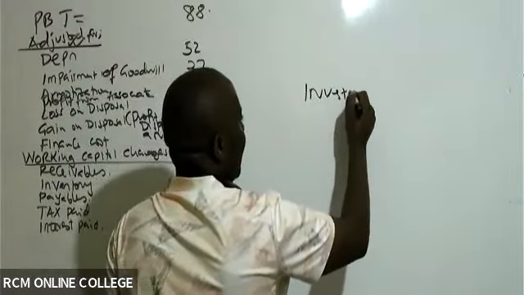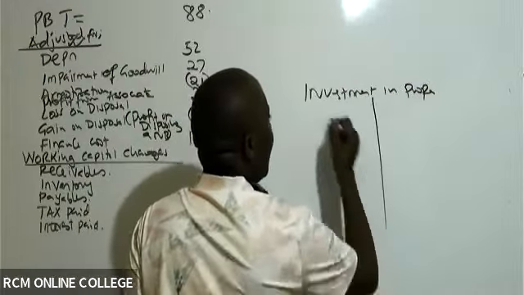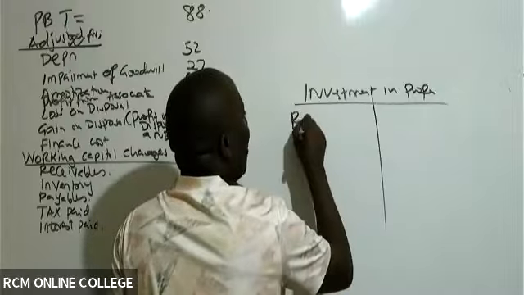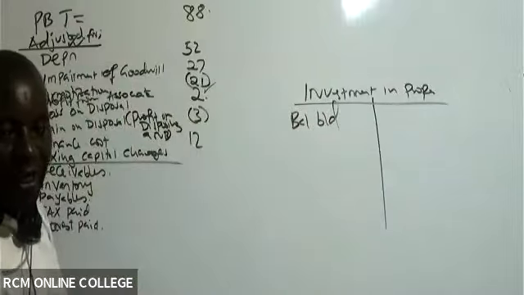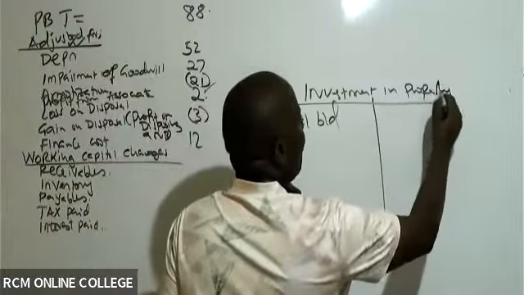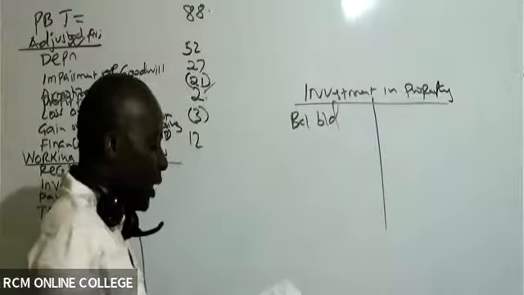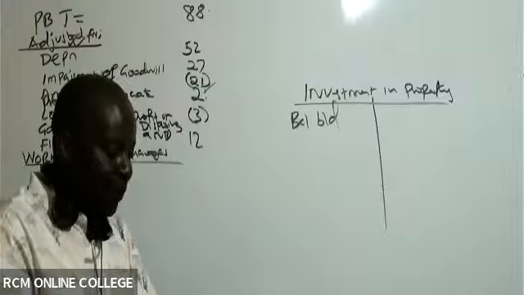So investment in property, this is an asset. Balance brought down is how much? Balance brought down is how much investment in property from your non-current assets?